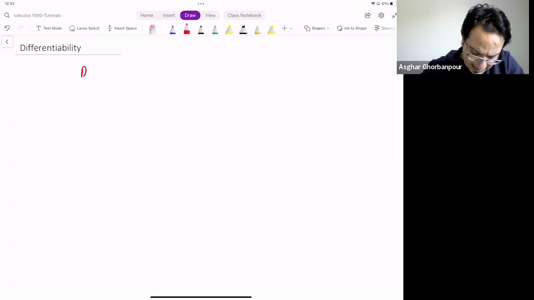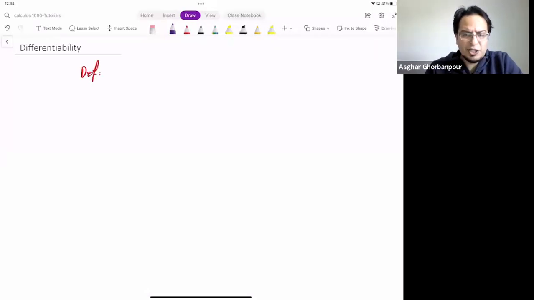Well, the first thing that we did some work on is what differentiability is. Very quickly, with some assumptions, f is defined at a point and around that point.